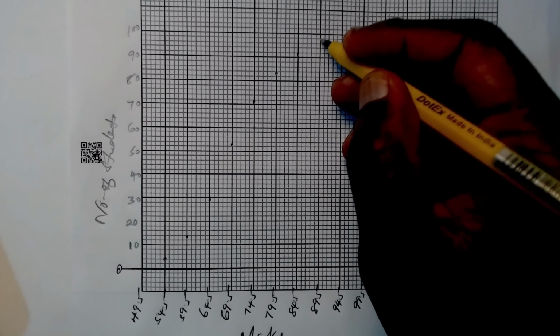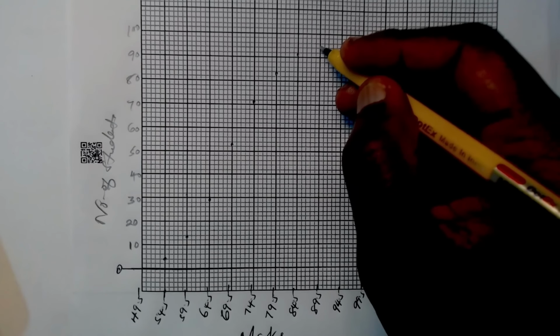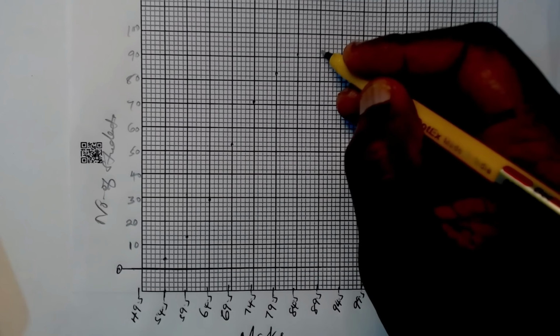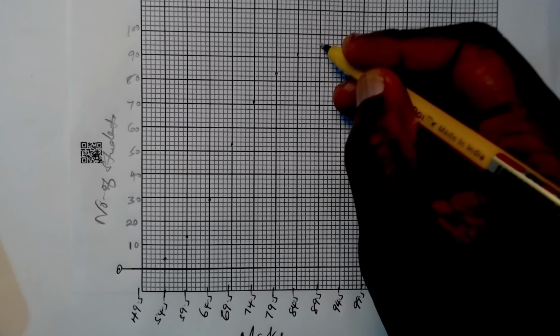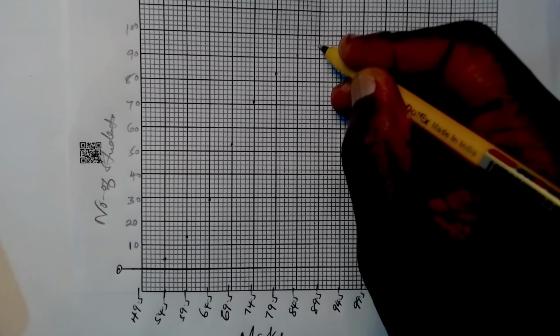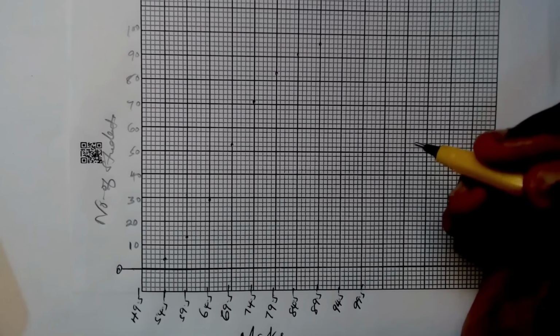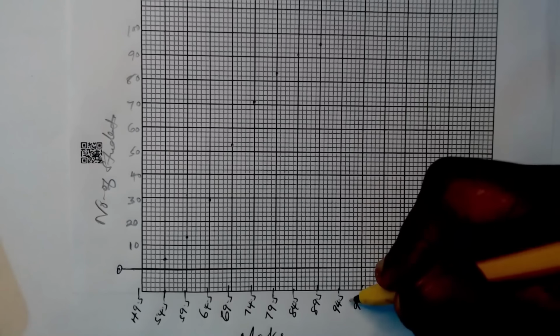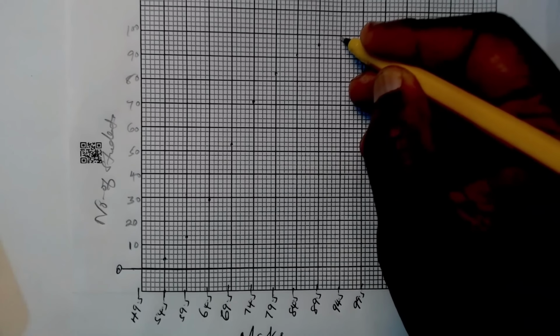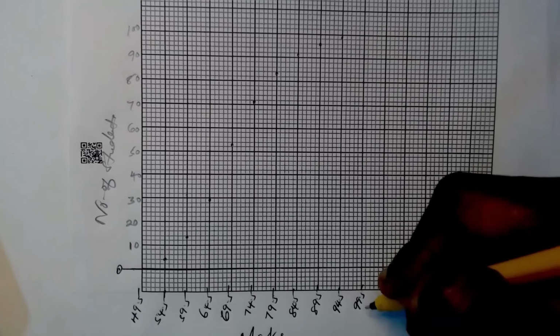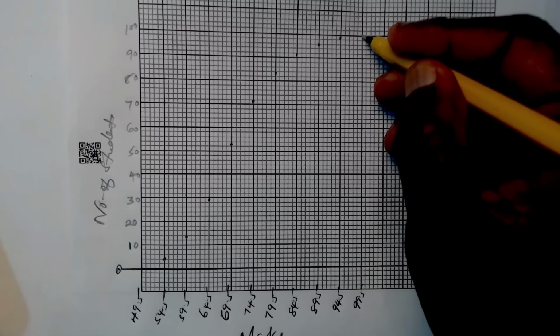So 96, 90, this is 92, 94, 96 will be them. And then from there we have 94.5, 99 is there. And then 99.5, 100.